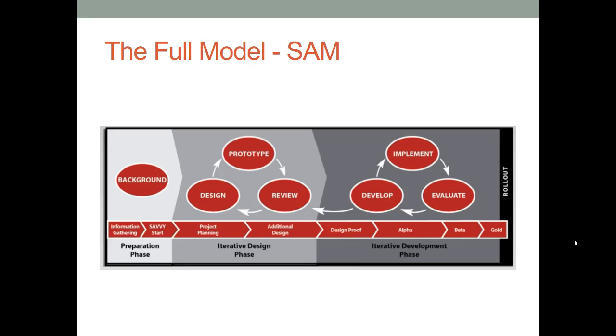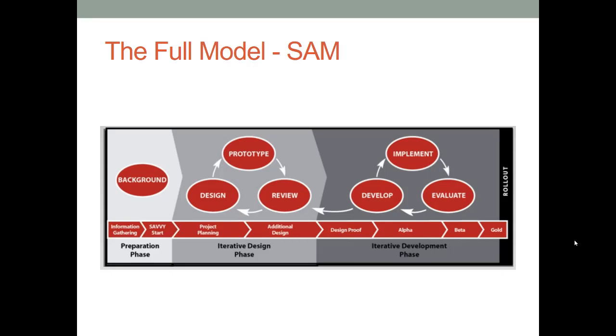You design again, you prototype that one, you review it, you design it. So basically, the iterative design phase and the iterative development phase are happening technically concurrently. As you're rolling out, then you go through the next phase on the example of the assembly line.